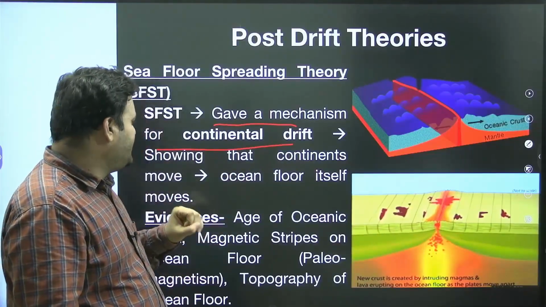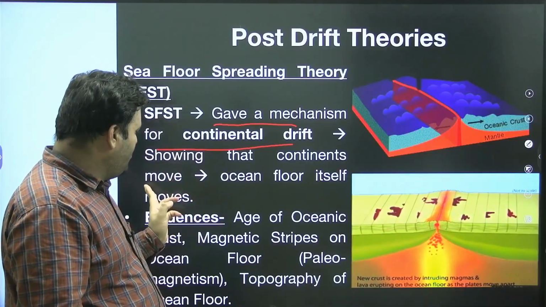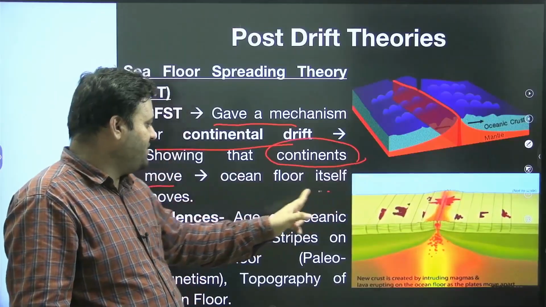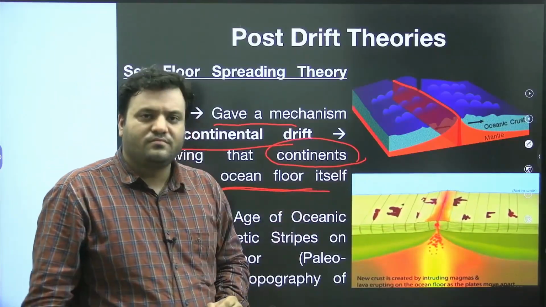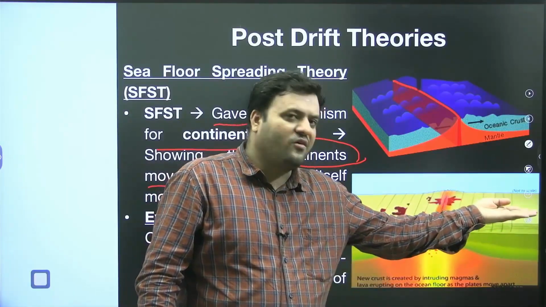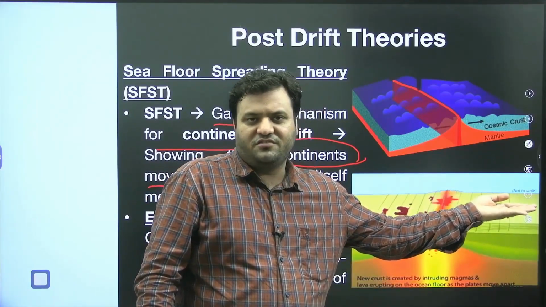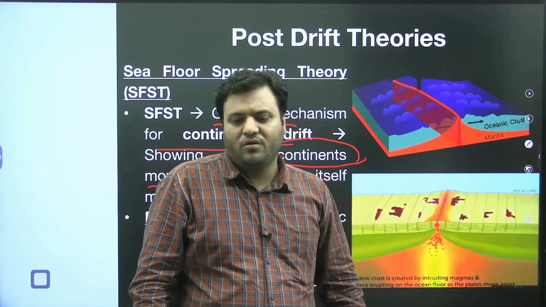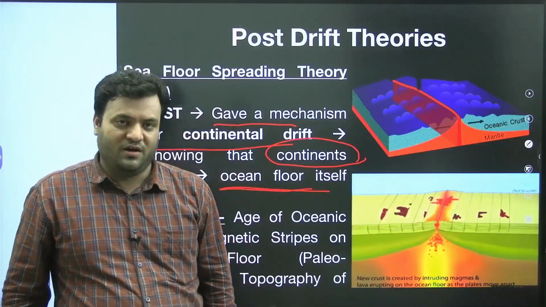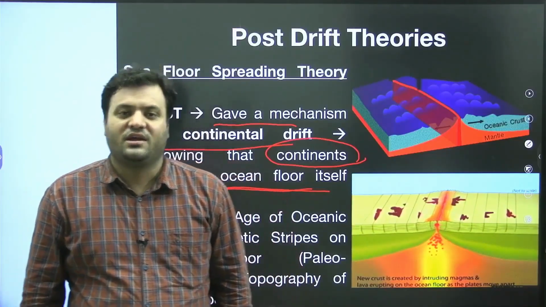This theory stated how continents might have moved: the continents are moving because of the ocean floor itself. Imagine the ocean floor is spreading; automatically the continent moves, yes or no? So that was a further addition to the theory of Alfred Wegener, right?